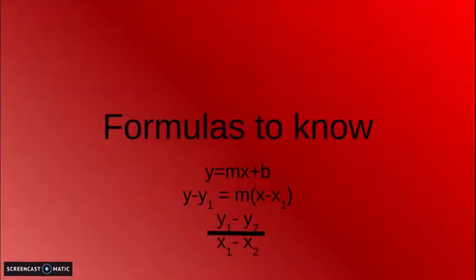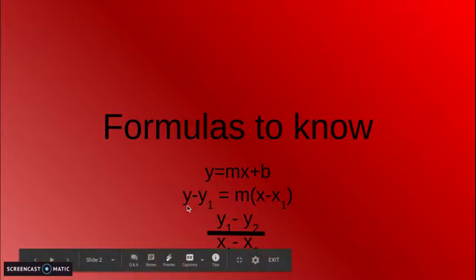Alright, formulas to know. They're kind of run together, but they're three separate things. This is one of them, y equals mx plus b, the slope-intercept form. The other one is point-slope form: y minus y1 equals m times the quantity of x minus x1. And then the last thing is the rise over run formula, in case you don't have graph paper.